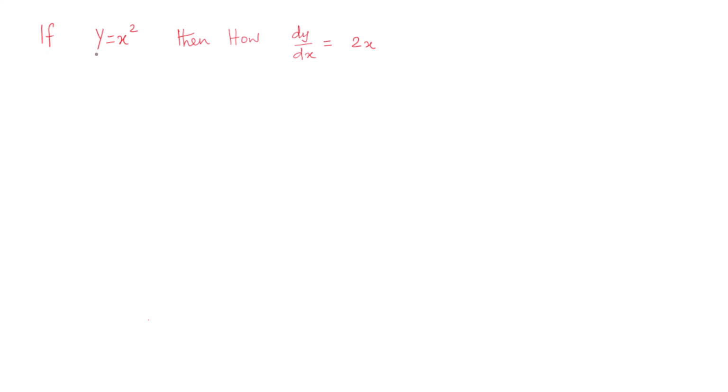If y is equal to x square, then dy by dx is equal to 2x. So x is the independent variable, y is the dependent variable.